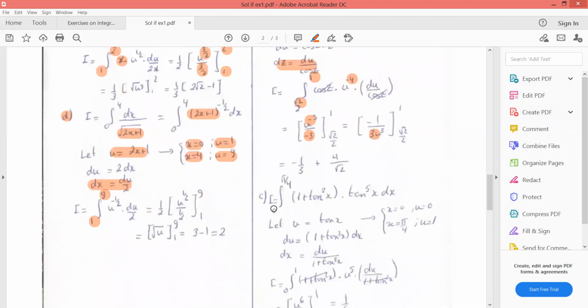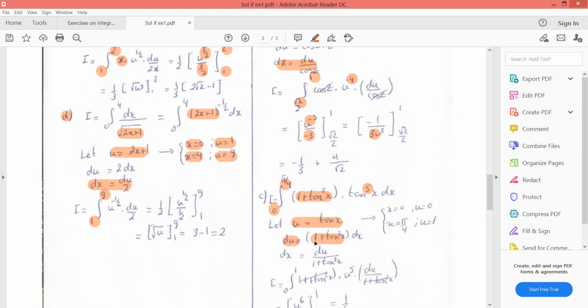You like this one a lot. Integral from 0 to pi over 4 of 1 plus tangent squared times tangent power 5 x dx. I take the base of the power as u. I take u equals tangent x. The derivative of tangent is 1 plus tangent squared.